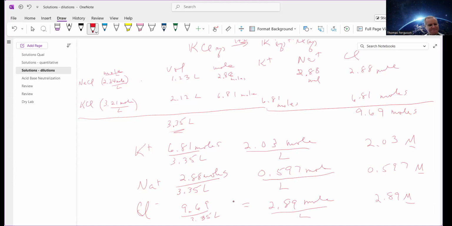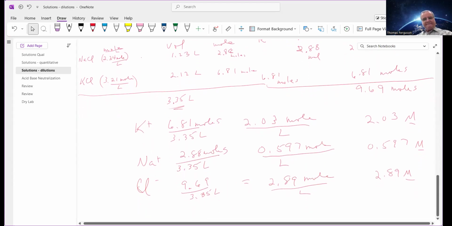Okay, so let's look at these numbers now. We've got potassium concentration is 203. Chloride is 289. Now we want the chloride to be more because we have two sources of the chloride. Sodium is going to be a lot lower. A lot lower. Okay, so this is about as tricky as the problems are going to get. You're going to get a take-home problem similar to this.